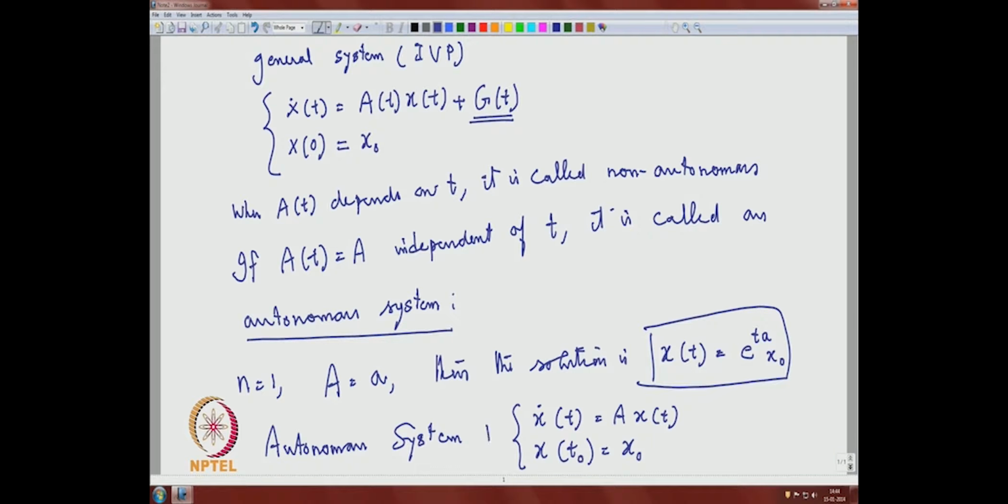This system we are always going to refer to as 1. The important point is that in system 1, A is independent of t.